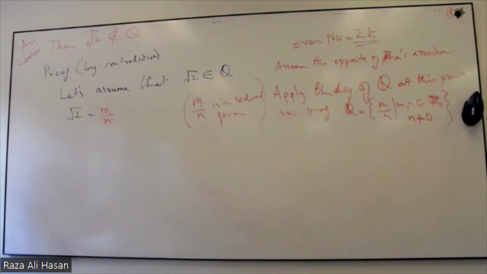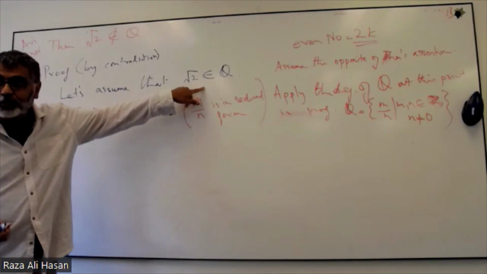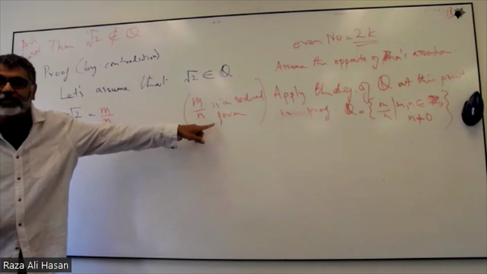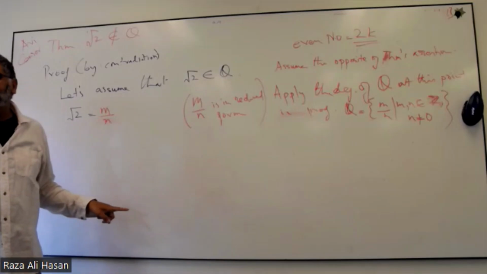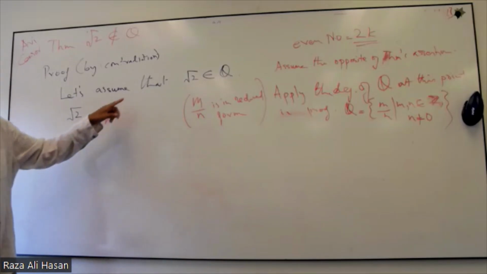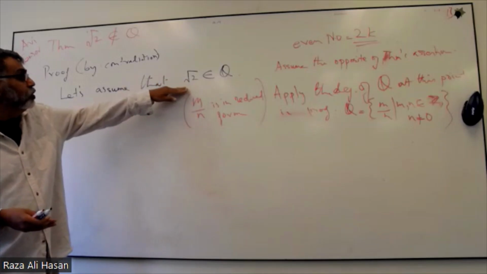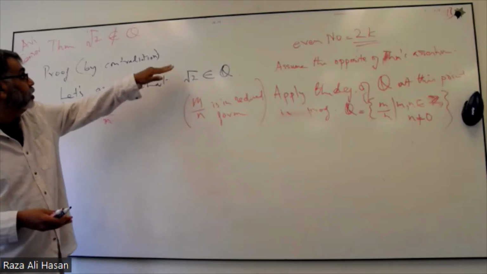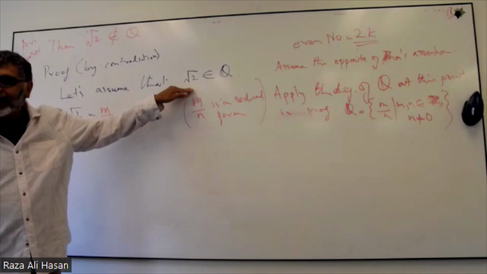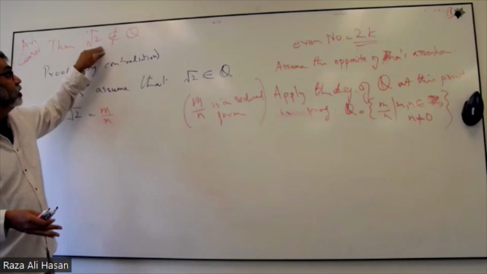What will happen as we do this proof is that if we assume this to be true, we end up saying that both m and n are even numbers, which means they're not in the reduced form. And so we have a contradiction, and this assumption turns out to be wrong. Therefore, our decision to say that the opposite of what the theorem is saying is true was a bad idea, and therefore we have proven that this is true.